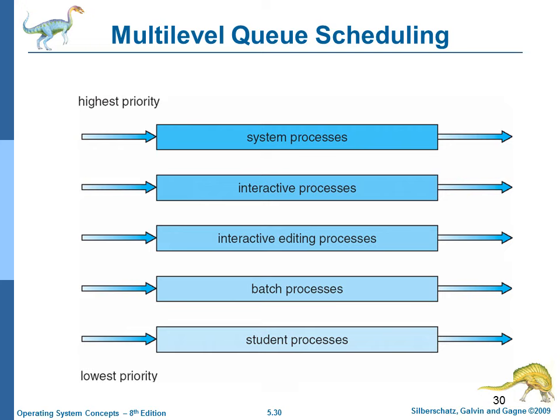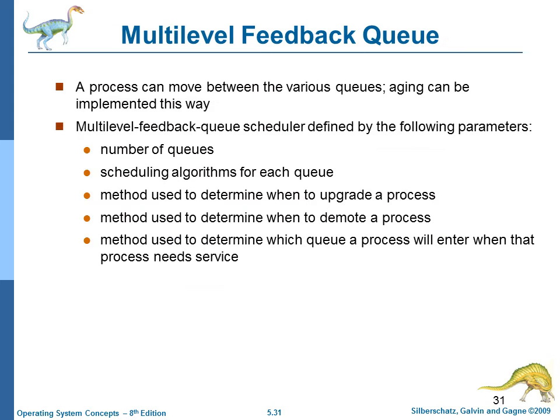The next algorithm that we are going to discuss is multi-level feedback queue scheduling. It is similar to the ordinary multi-level queue scheduling described above, except jobs may be moved from one queue to another for a variety of reasons.